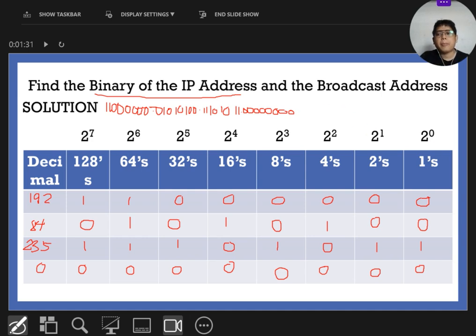Okay. Now let us solve the broadcast address. It is the same process: we need to get the maximum host portion from the subnet mask and our current host portion.